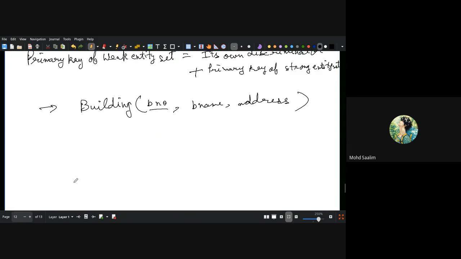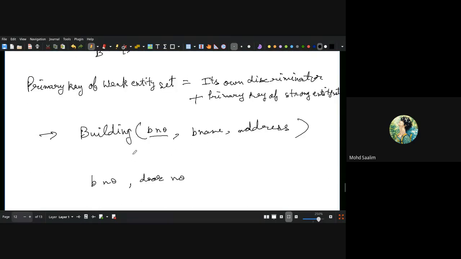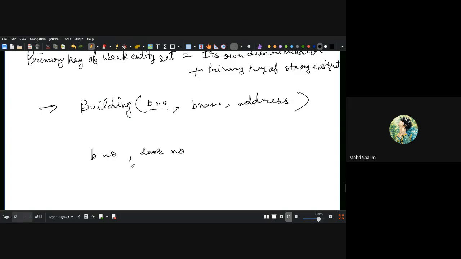So we will combine door number with building. And when we combine B number and door number, now you can easily distinguish between these two, 1 comma 3 and 1 comma 3. Because they have different building numbers, it will be something like this: 1 comma 1 and 2 comma 1. Now this building number is helping you to distinguish these two rows.